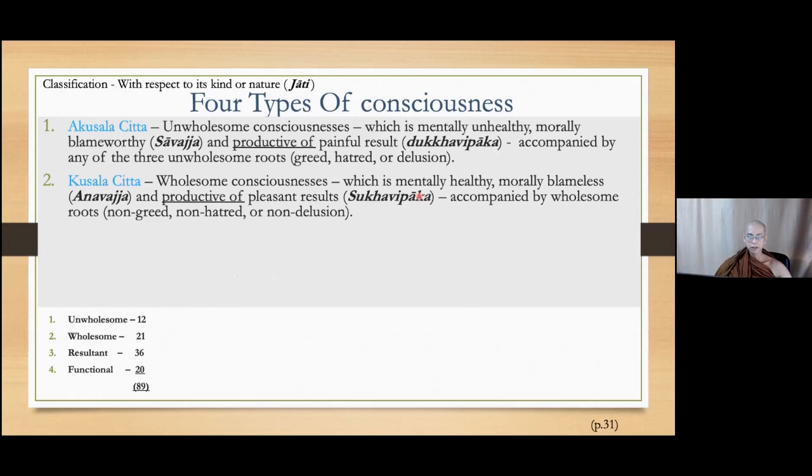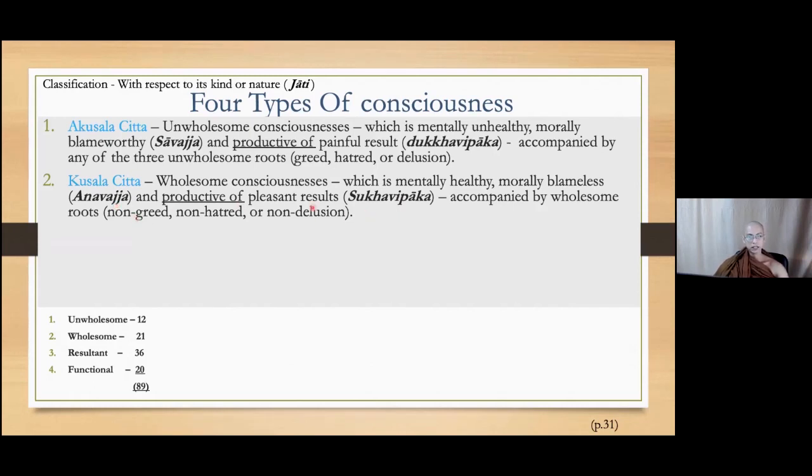The second type of consciousness is kusala chitta, translated as wholesome consciousness. When you observe wholesome consciousness, you understand the characteristic that it is mentally healthy and, from the moral perspective, morally blameless. That is called anavajja in Pali. Also that consciousness can produce pleasant result, sukha vipaka.